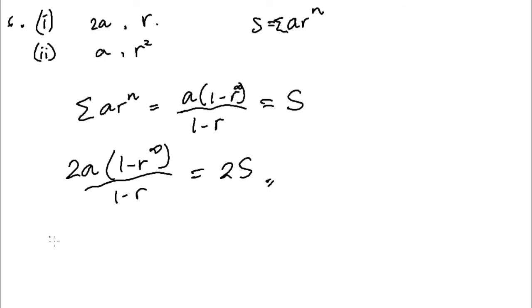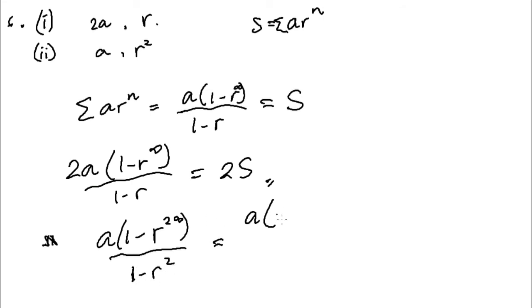So for 2, we have a equals a, then 1 minus r to the 2 infinities divided by 1 minus r squared, and that gives me r to the 2 infinity is just r to infinity. Because it's 1 minus r squared, we can do factorization of the difference of two squares, 1 plus r, 1 minus r.